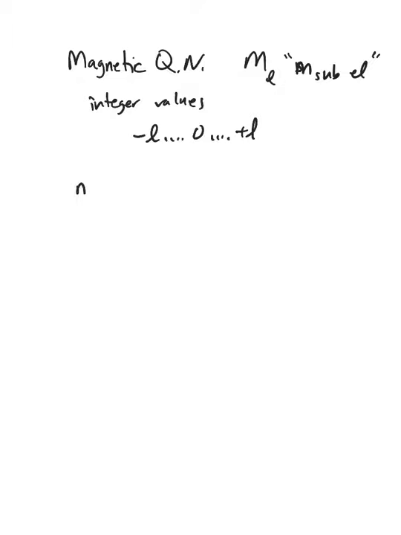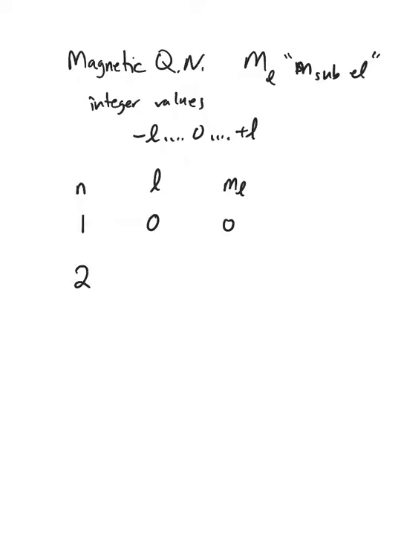So for example, rolling all three of these quantum numbers together at the moment. When n is 1, the only possible value for L is 0 because it goes from 0 to n minus 1. And the only possible value for m sub L, which goes from minus L to 0 to plus L, would also be 0. So that's for the case n equals 1.